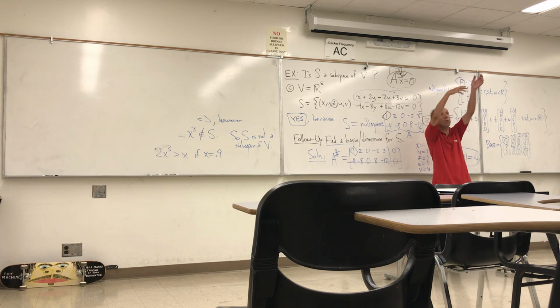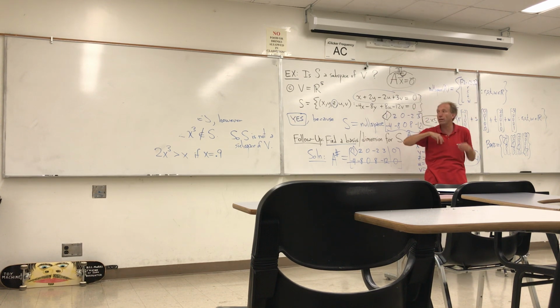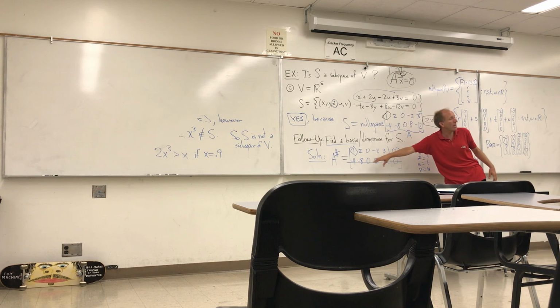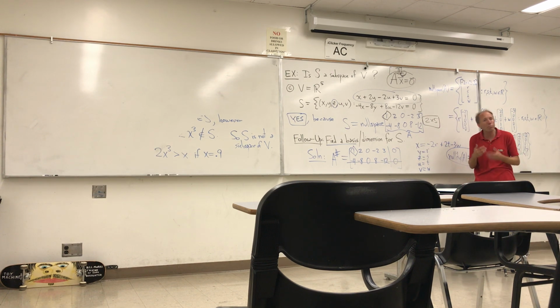And even if you didn't do the closure under addition correctly, or even if you didn't notice that it was a null space, you can still do part B, because you can still do the augmenting of the matrix and row reducing it and so on. So I really try hard.